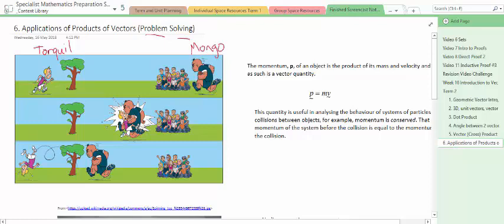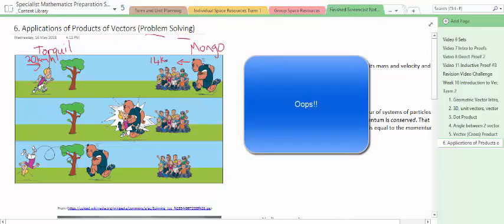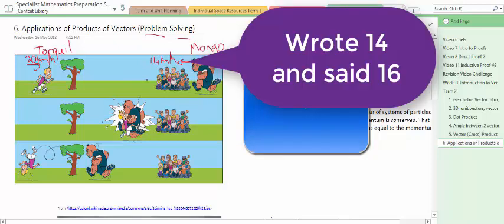Now Torquil's pretty quick and agile, and he's running that way, and he can run at 20 kilometers per hour. That's a pretty quick pace on the football field. Mongo, in the opposite direction, is not quite as fast, 16 kilometers per hour, but he's going.